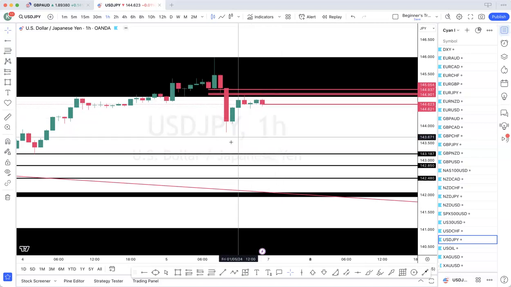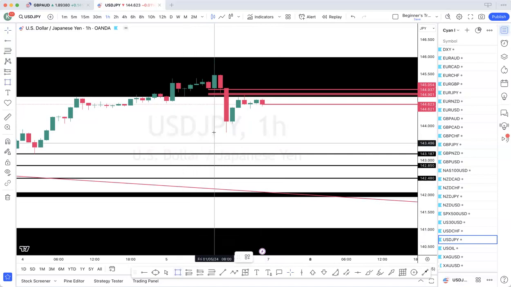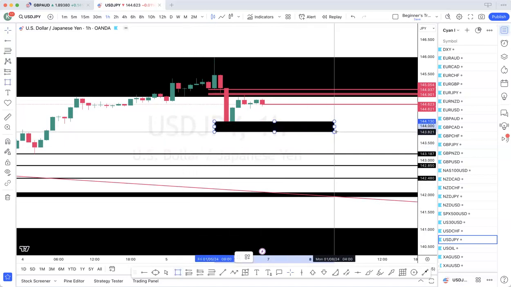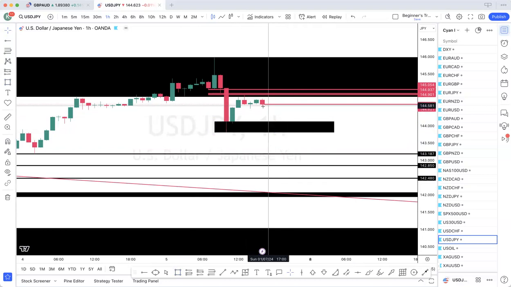And even if, like I said, it comes here and pushes back, it could come back up here, wick these areas, and then start selling back down.